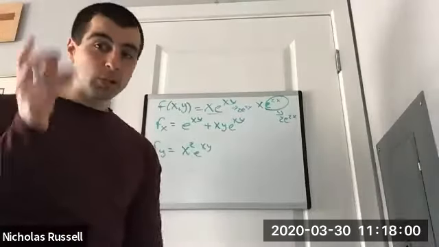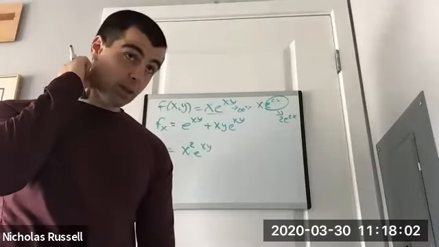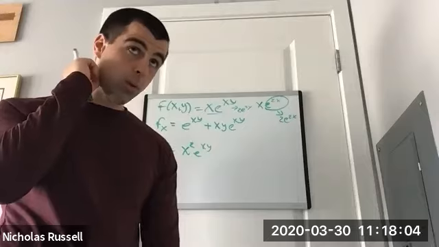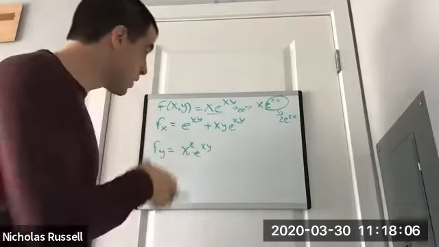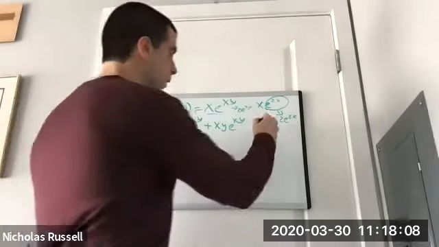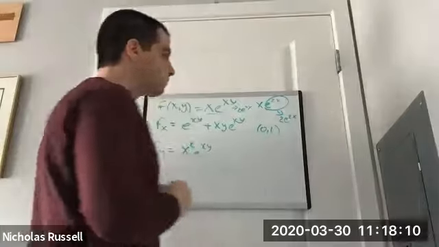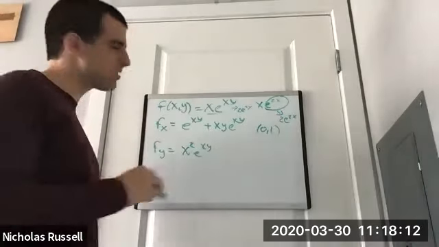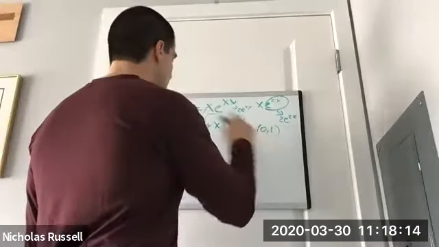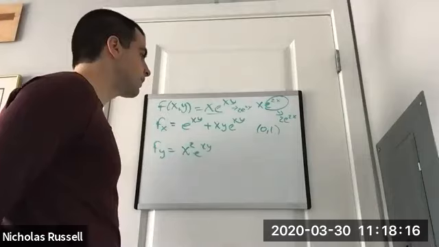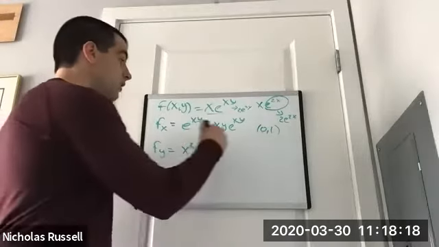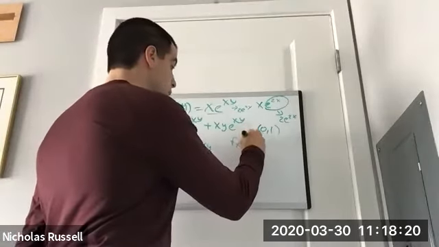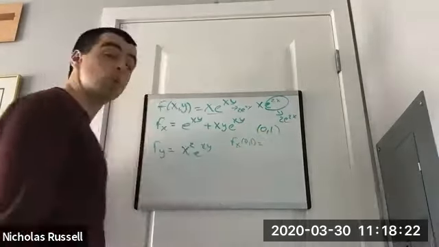Now, if I want to think about interpretation, which is actually a really important thing to think about going forward, what does this actually mean physically? Well, let's say I want to think about what's happening at the point 0, 1. If I calculate f_x at 0, 1, I just plug in zeros and ones here.